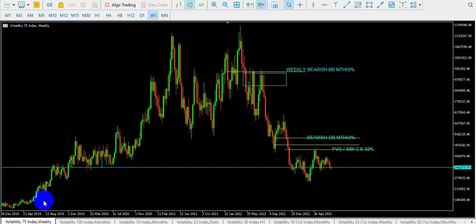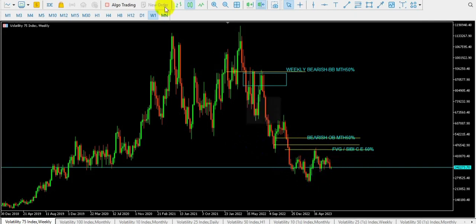Whenever we see something like this, it's algorithmic. When we see that price is not in a hurry to take out an external range liquidity, we always know that this is an algorithmic signature too.